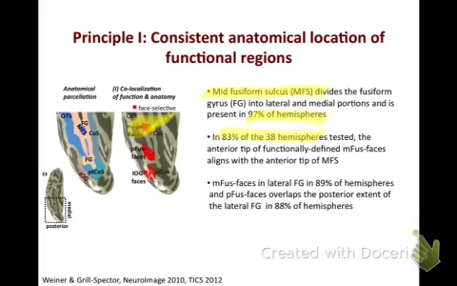And also, if you consider the lateral versus medial aspects of the fusiform gyrus, the mid-fusiform faces is on the lateral aspect of the fusiform gyrus in 89% of the hemispheres, and when it extends, it extends to the occipital temporal sulcus and rarely into the medial aspect of the fusiform gyrus.